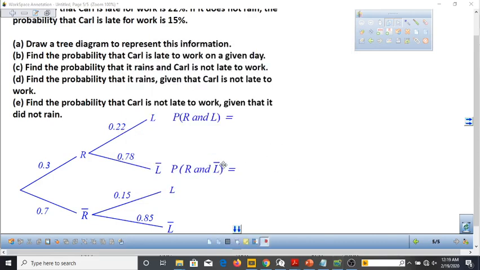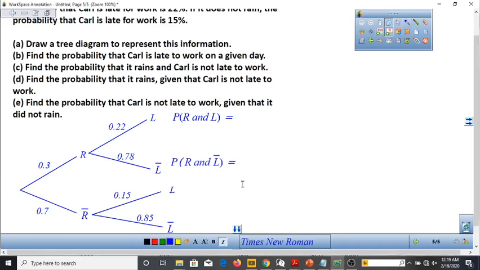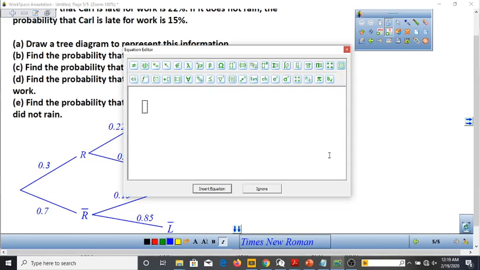And next, we're going to look at the next one, which is the probability that it does not rain and he is late. So let's fill that one in. The probability that it does not rain and he's late.